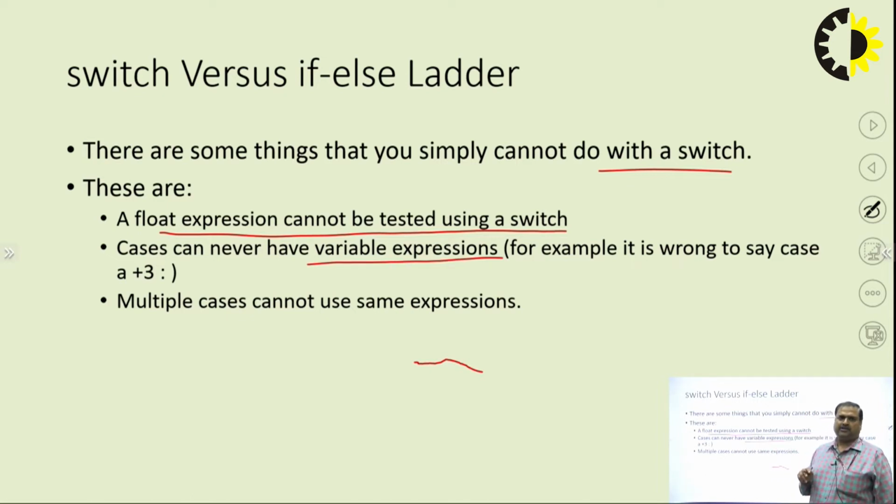I have told you that these cases are simply labels or integer constants. So we cannot use it like this. We can use it like this, or we can use it like this. They must always be integer constants.